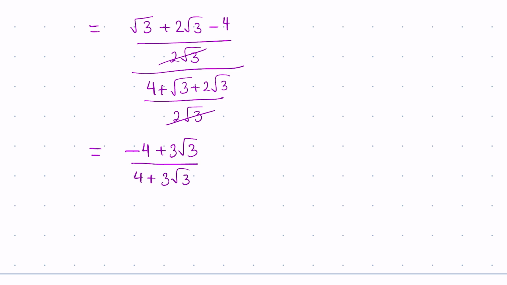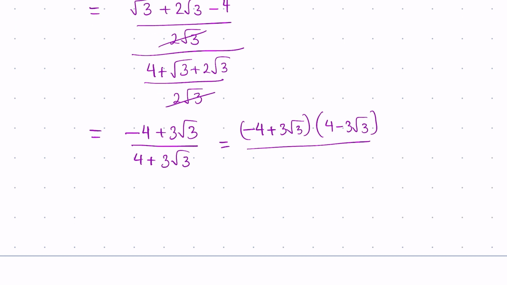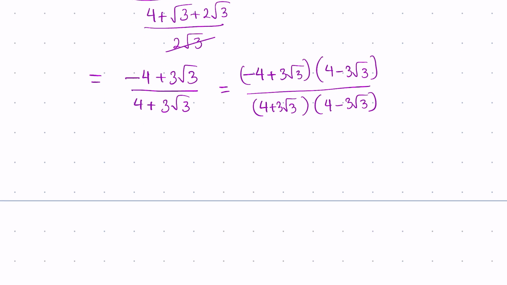Now we can rationalize. So (minus 4 plus 3 root 3) multiplied by (4 minus 3 root 3), over (4 plus 3 root 3) multiplied by (4 minus 3 root 3).